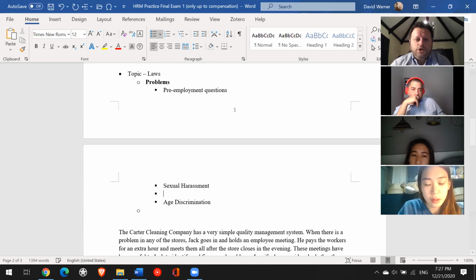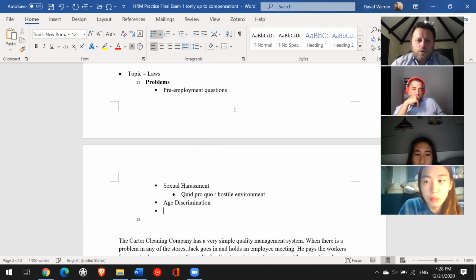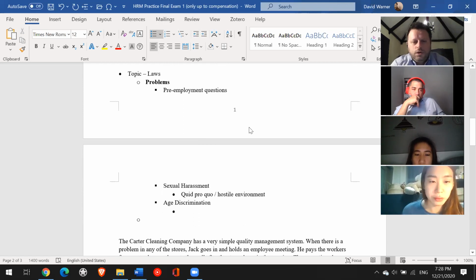Sexual harassment, what would we write about that? Probably we would write quid pro quo and hostile environment. Age discrimination, what would we write about that? I don't know that we need anything about that.